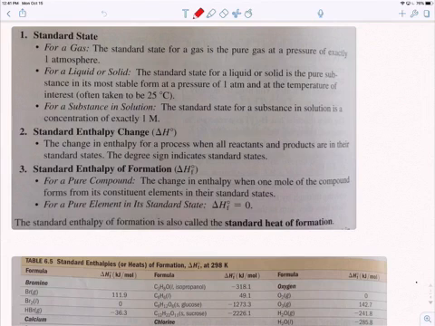And then the standard enthalpy of formation. So for a pure compound, the enthalpy change is when everything is in its standard state. And then for an element, the standard heat of formation for an element is 0. And also I mentioned carbon. Carbon has multiple forms. We pick the 0.